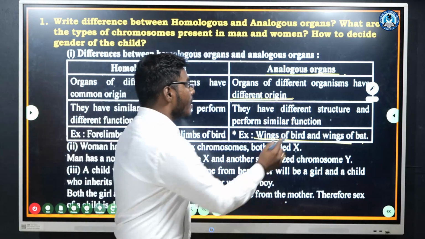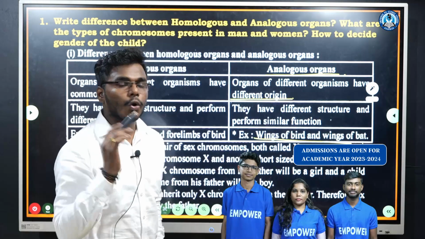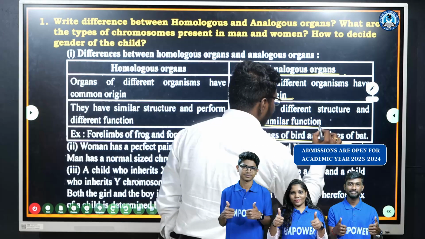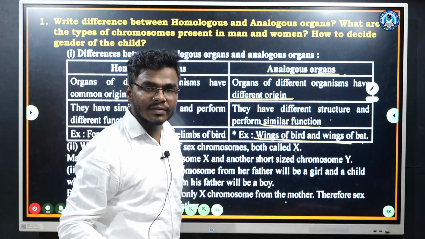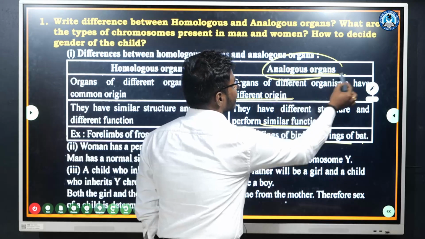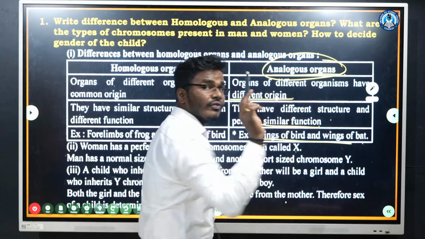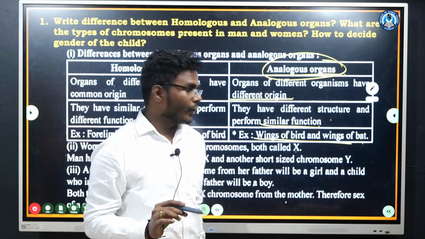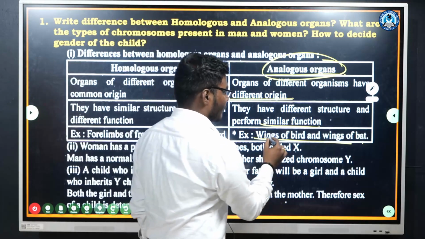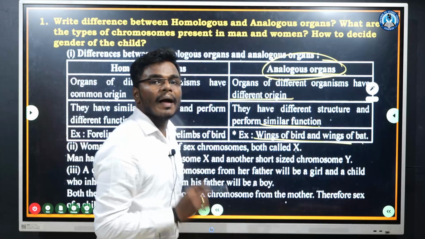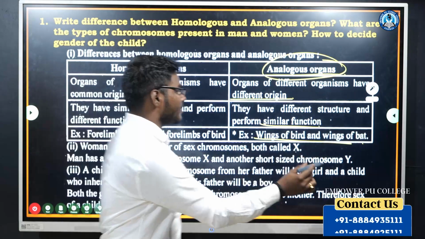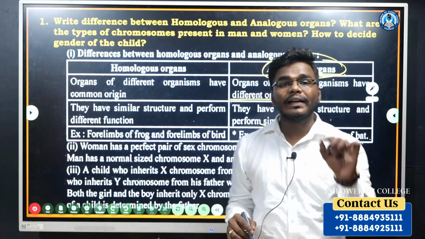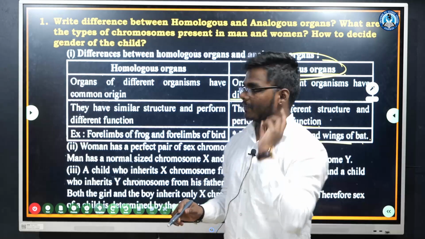Please, my dear students, mark this as different origin but similar function. What does analogous organ say? Analogous organ says that there is different origin but similar function. Got it? So the example quoted is wings of a bird and wings of a bat. With this we complete our first sub question.